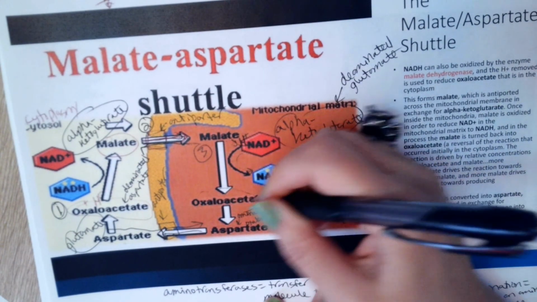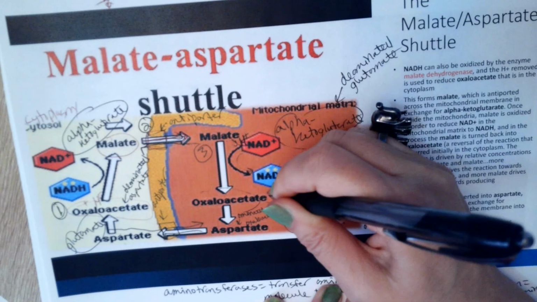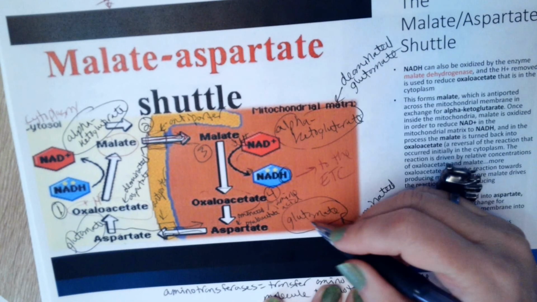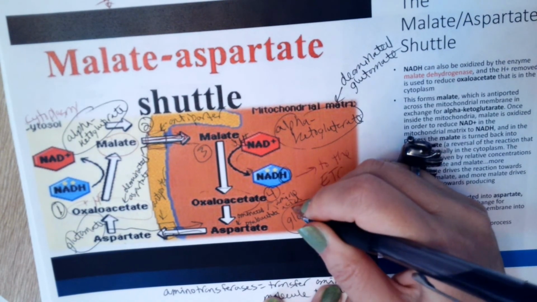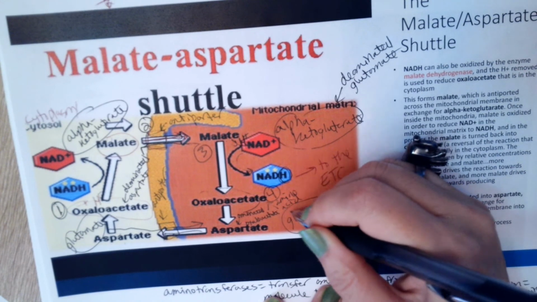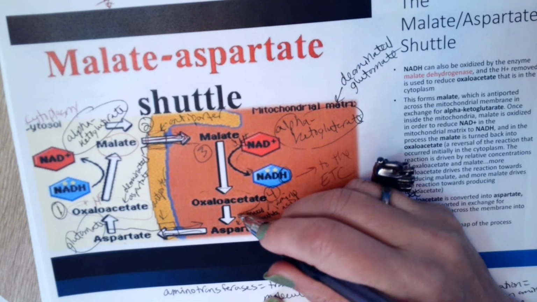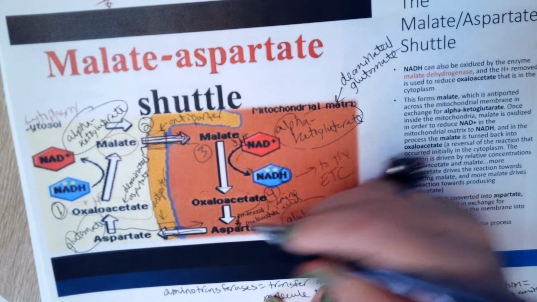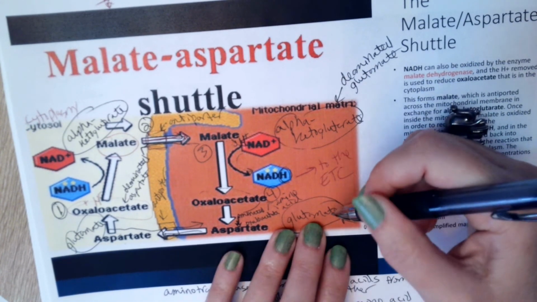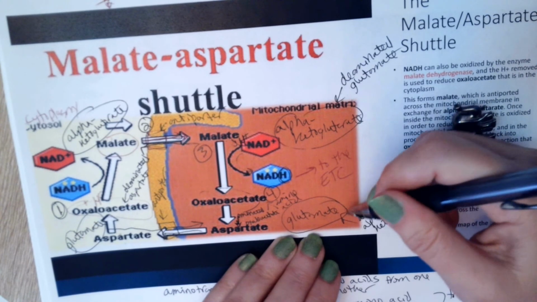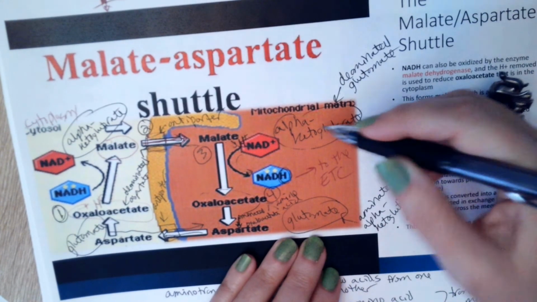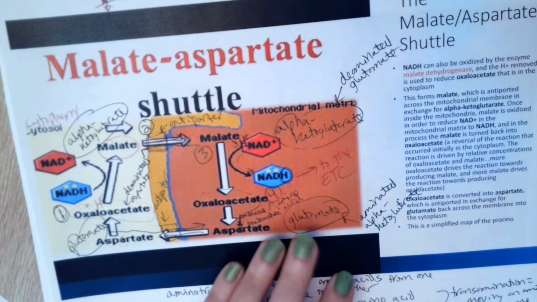We are taking that amino acid off of glutamate, adding it to oxaloacetate. This is going to form aspartate. Glutamate, now that we've taken away its amino acid, is alpha-ketoglutarate, so we use that in step number 2.